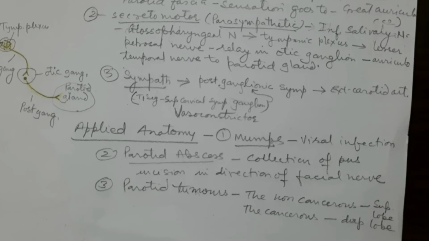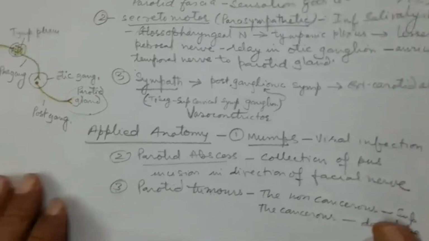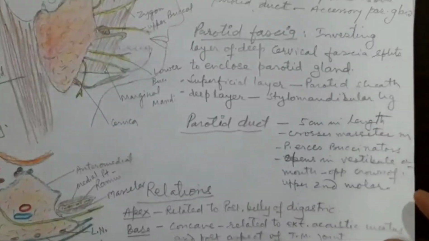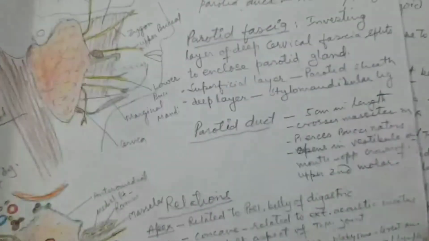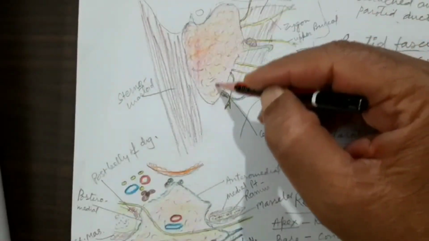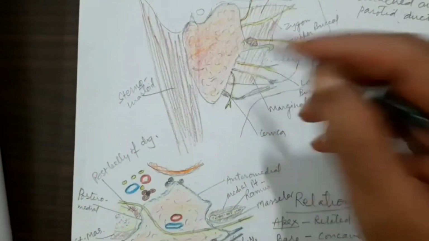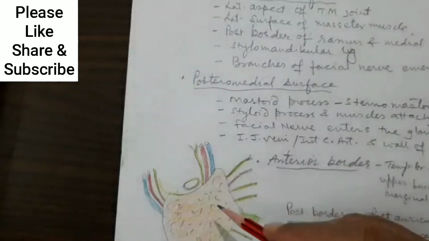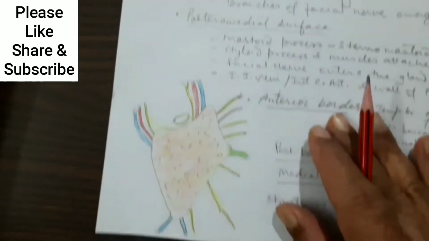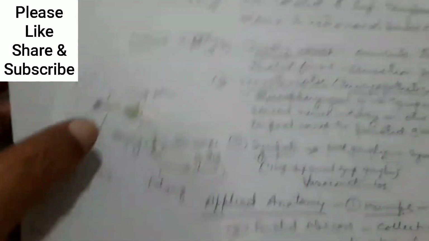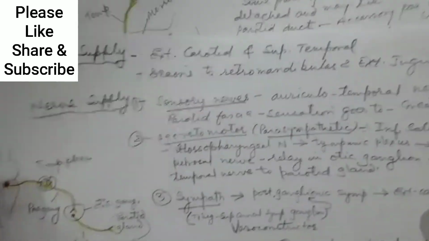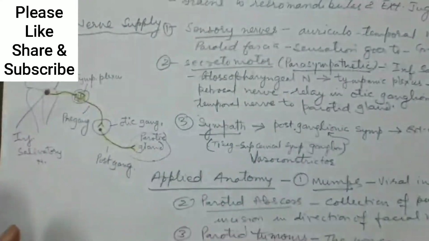Now if you give a vertical incision, let me use this diagram to tell you. If you use a vertical incision, then all these branches will be cut. So many branches are coming horizontally, and you are going to cut the branches of the facial nerve, which will lead to facial paralysis. All the muscles of the face which are supplied by these cut branches will get paralyzed.